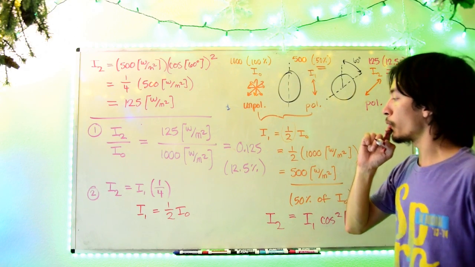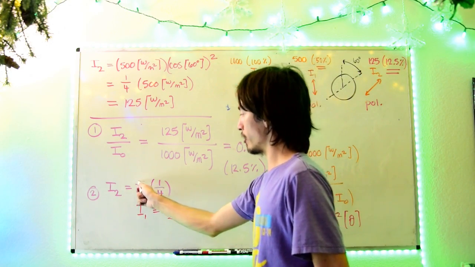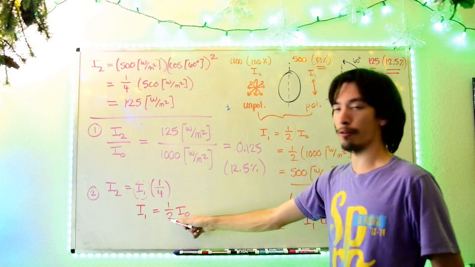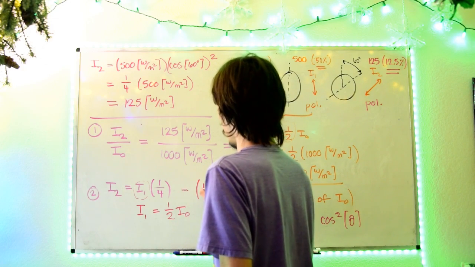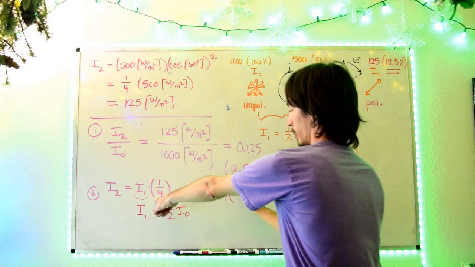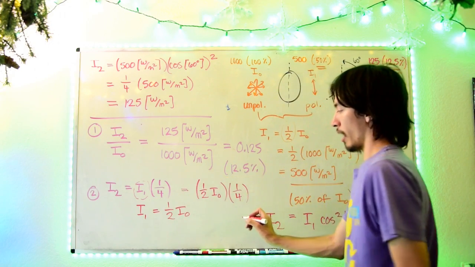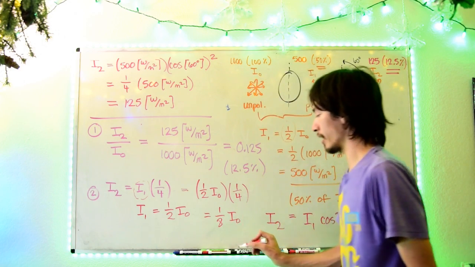Okay. So when you plug this into I1 and you account for that 1/2 initially, you get 1/2 I0 times the 1/4 you got, and that equals 1/8 of I0.